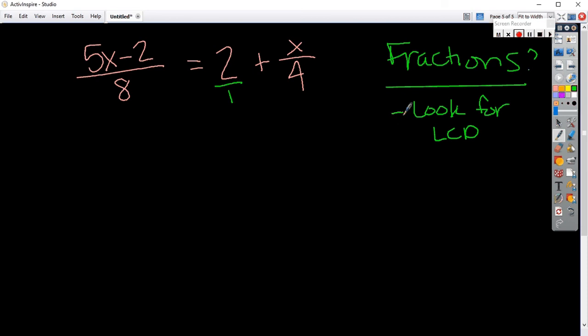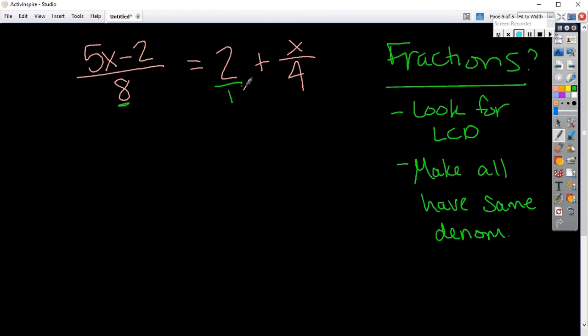Okay. So after we look for the LCD, we want to make all have the same denominator. What would I need to multiply that? The first fraction is good, it's already 8. What would I need to multiply this one by? 8.